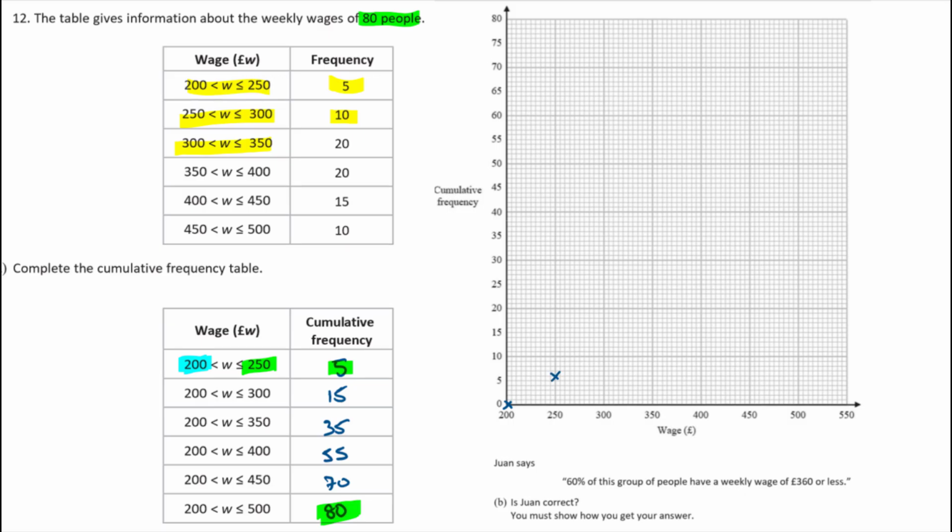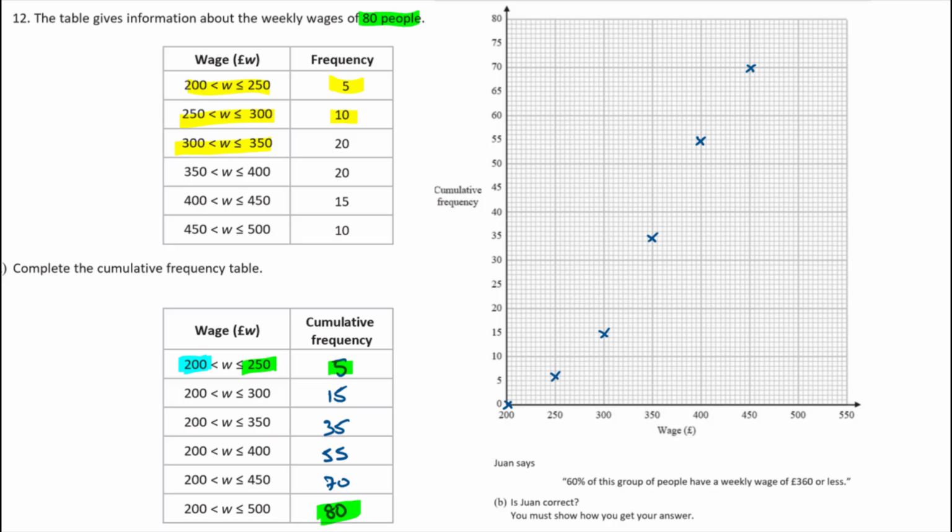Then after that I've got a height of 15 at 300. So there. Then at 350, I'm going to be plotting 35. So there. And then 400 is going to be 55. There. And 70 at 450. And finally 80 at 500.